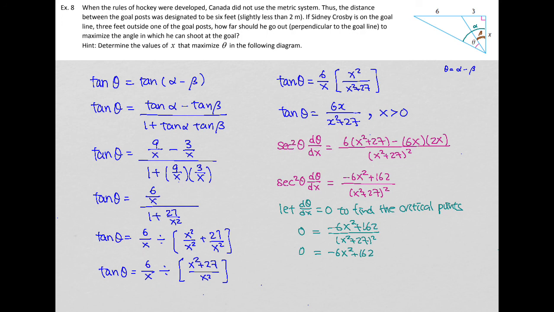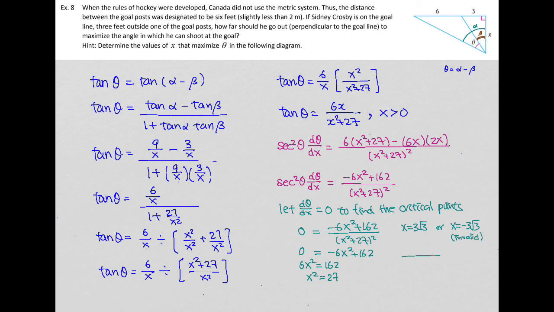Bringing the negative 6x squared to the left-hand side, you get 6x squared equals 162. Dividing by 6 on both sides, you get x squared equals 27. Square root both sides to find our x. So x will become 3 square root of 3, or x will become negative 3 square root of 3. The negative is invalid because that's not within our domain.